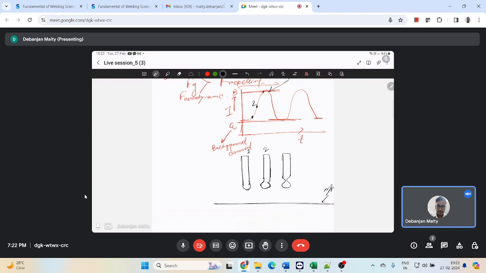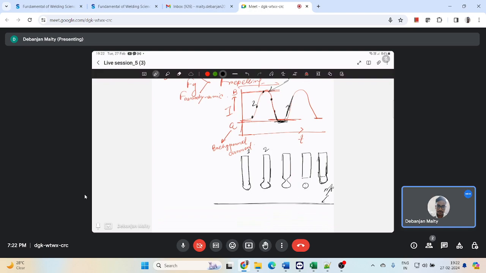I'm increasing current more, and then when I detach, my current gets down, and during this there will be this background current to keep the metal in its molten state, but there will be no deposition. Then again I will increase the current and form this globular shape, right? So it happens in that way.